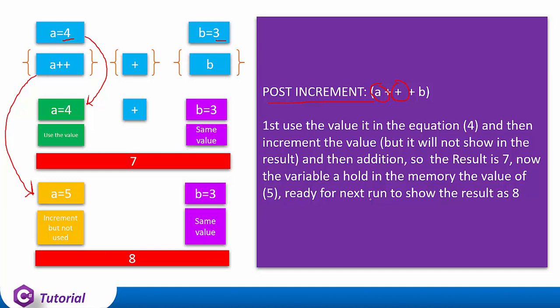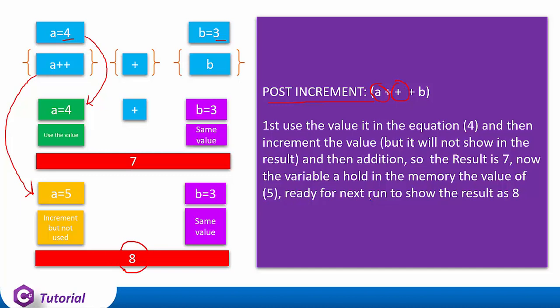But in the next iteration, a is already 5 because it was incremented by 1. So in the memory now, if we print this code again, we will get 8, because the incremented value is already stored in the memory. I know it's a bit confusing, but with practice, I hope inshallah it will be more clear and easy to understand.